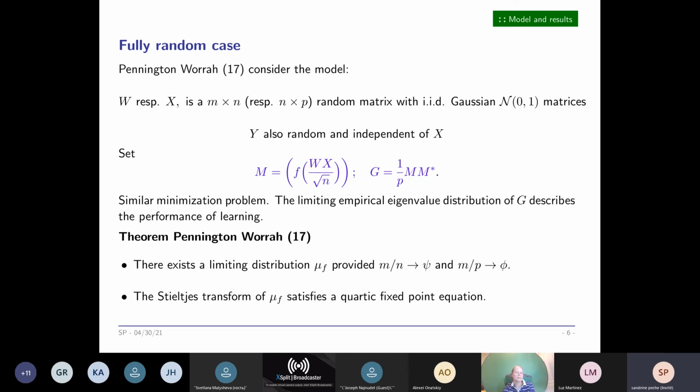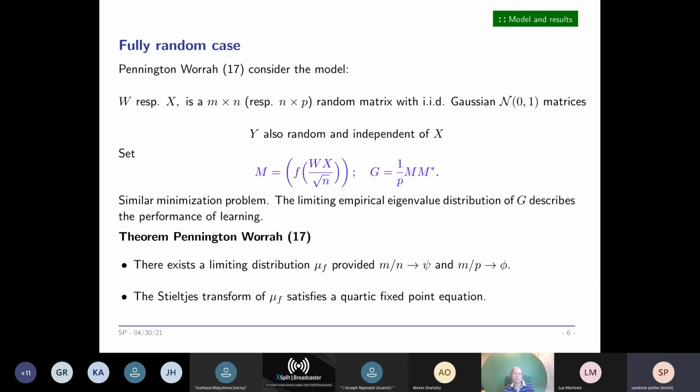And we do the same as Louart-Liao-Couillet. So we consider the nonlinear ensemble f of WX divided by square root of n, and consider the matrix G, which is MM star divided by p. Sorry, G will be this matrix.